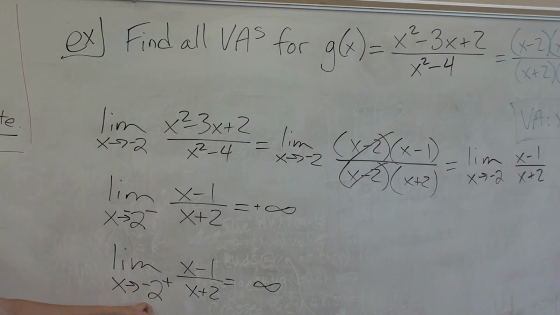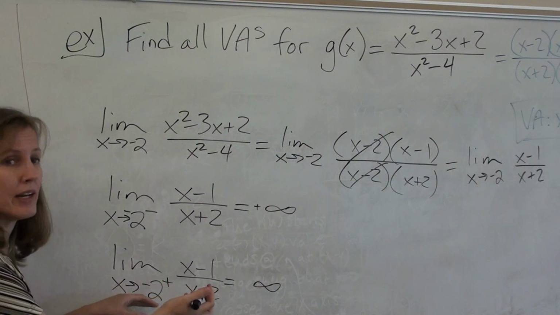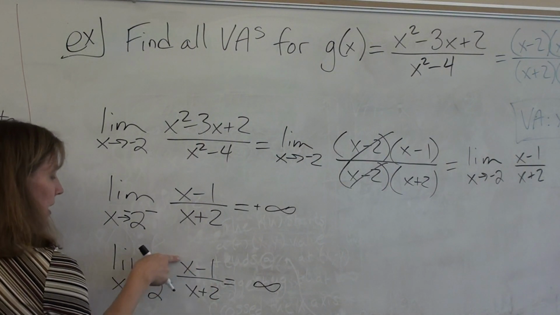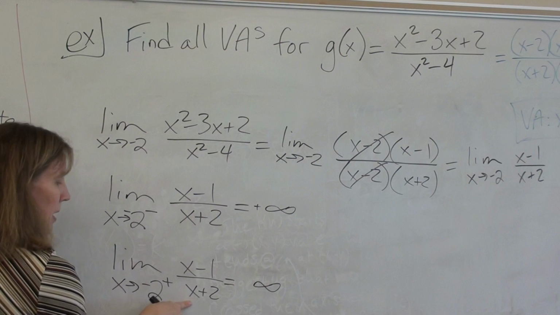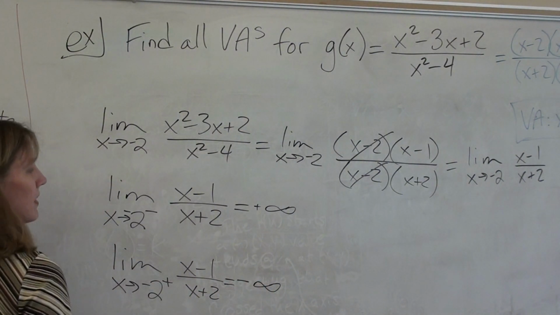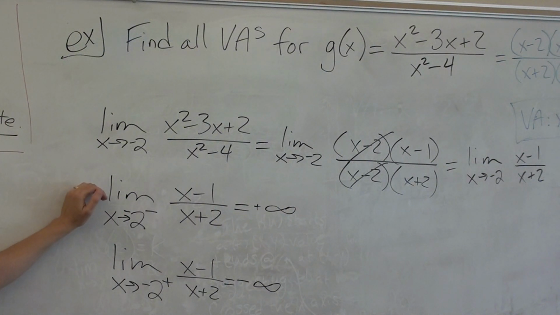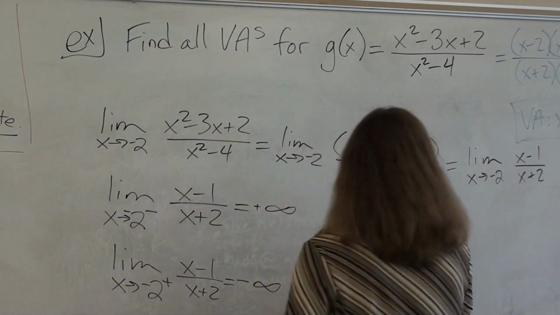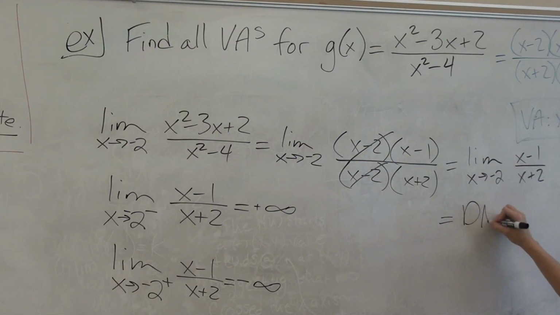I'm going to pick a number now close to -2 from the right. -1.9. So if I plug in -1.9 on top, I get a negative. On the bottom, what's a negative over a positive? Negative. If the limit from the left is positive infinity and the limit from the right is negative infinity, then the limit is actually DNE because it's not the same from both sides.